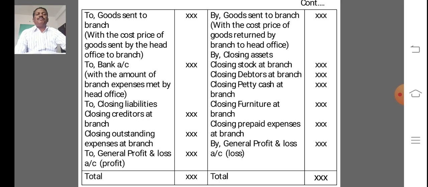And if any profit, that profit is credited to general profit and loss account, and if any loss, debited to general P&L account.